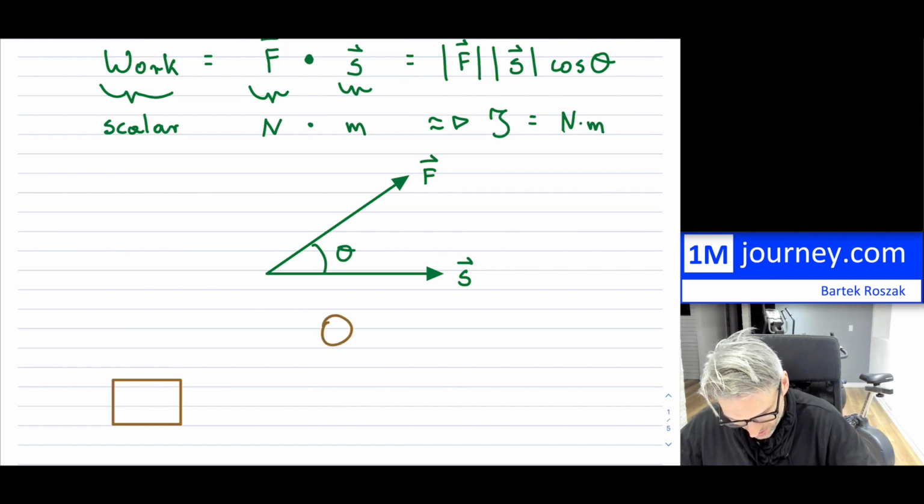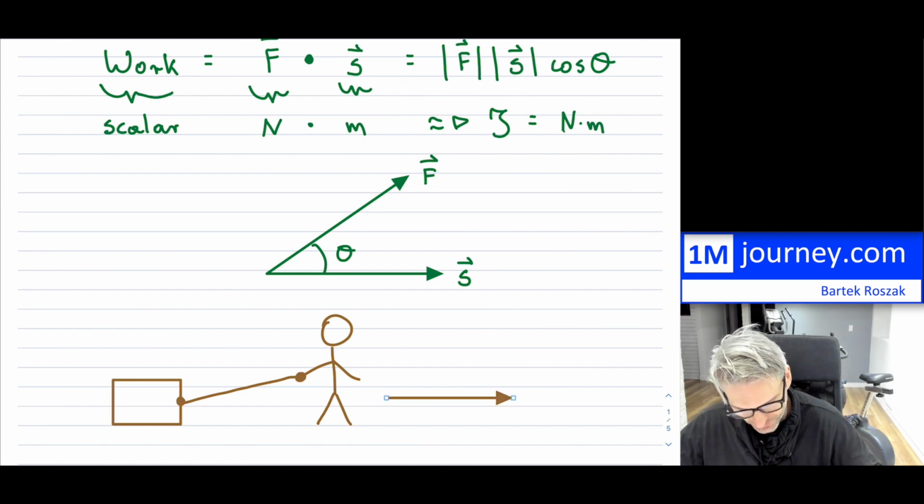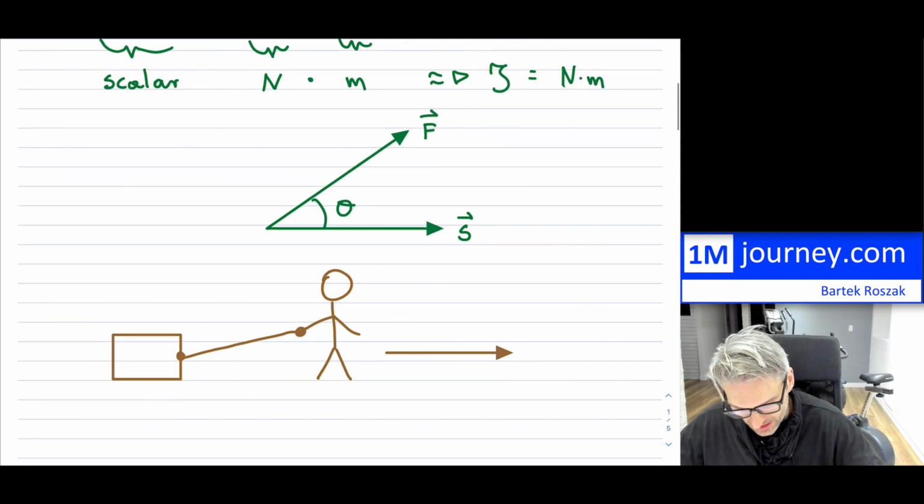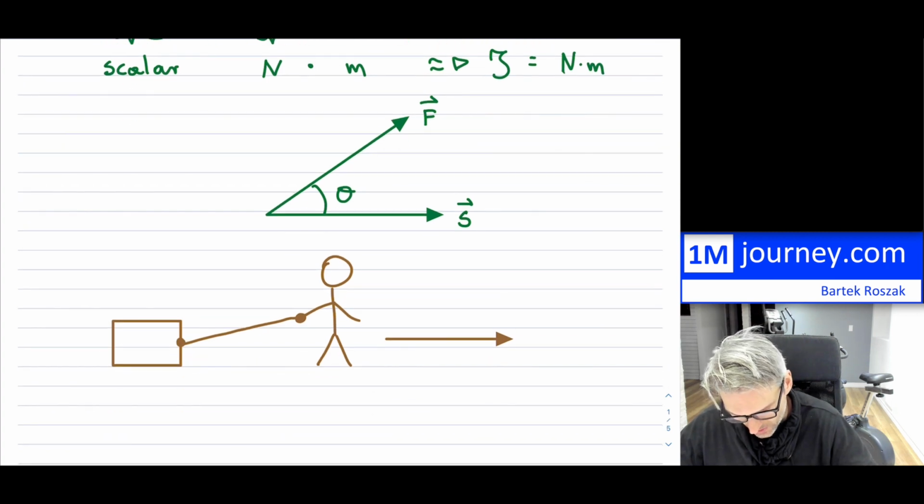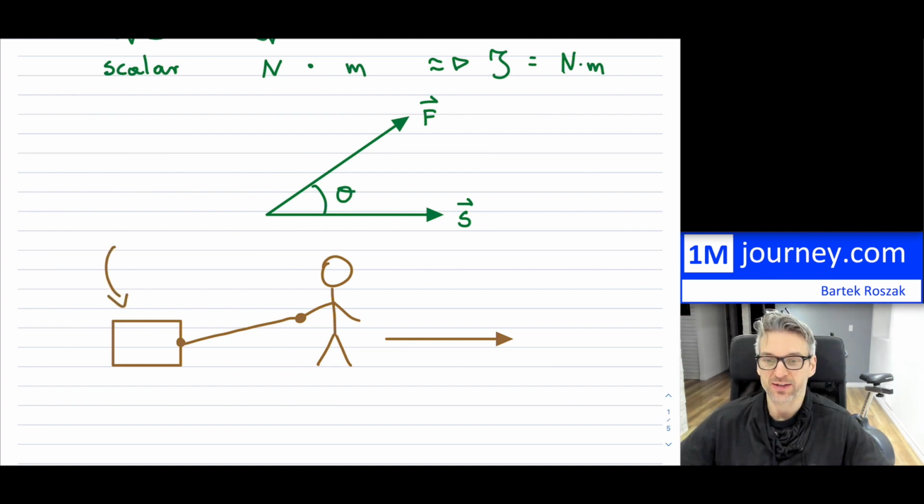Here is the person who's pulling that particular box, and this box is, let's say, attached to this person, like so, and this person is moving in this direction, so that box is going to be moving in that direction.